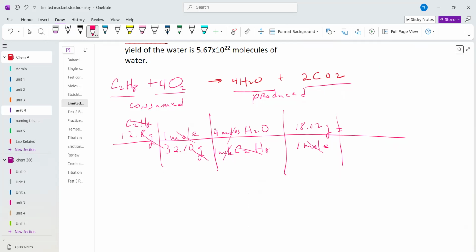Now, what did I do wrong? Who said Avogadro's number? Oh, okay. The middle step? Yeah. Oh, 4 moles water, 1 mole. Okay, I shouldn't have used the molar mass of water. I should use Avogadro's number.